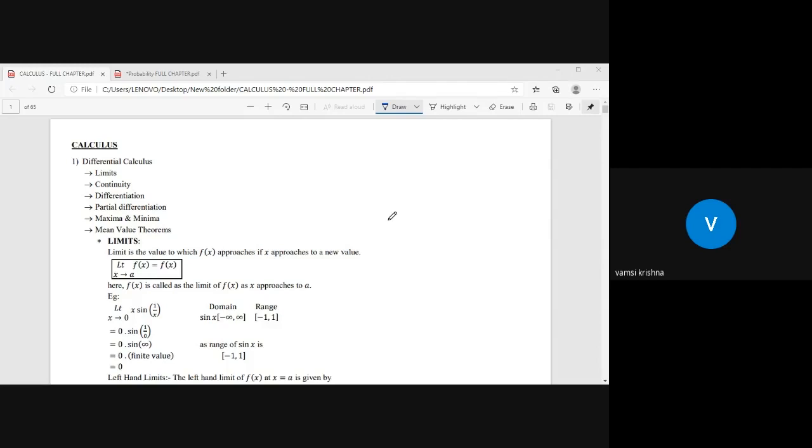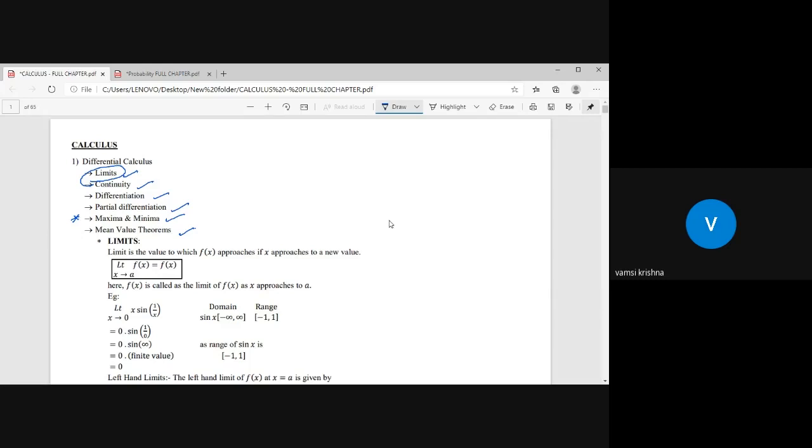Students, in our differential calculus, we have the first part: limits, continuity, differentiation, partial differentiation, maxima and minima, very important from the GATE point of view, and mean value theorem. If you analyze the calculus part, you get one question from this area: starting basic concepts, that is limits.